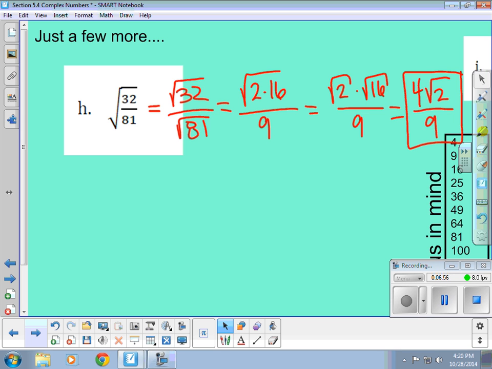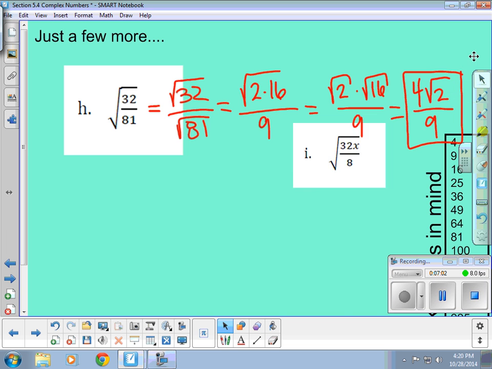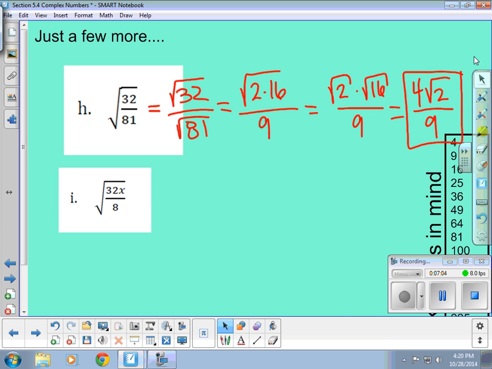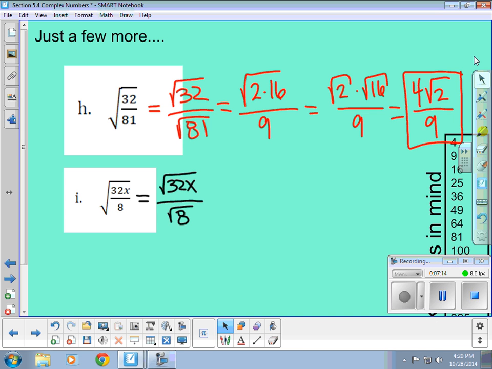We have one more example that we are going to look at today. It's right here. J. So we have square root of 32x over the square root of 8. So break it apart. Square root of 32x over the square root of 8. Once again, we just did the square root of 32. So that's going to break down to 16 times 2 times x all over.